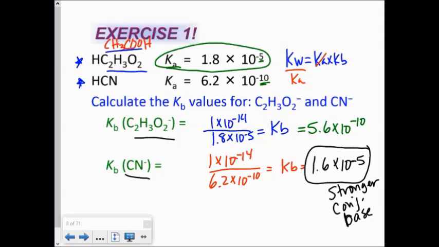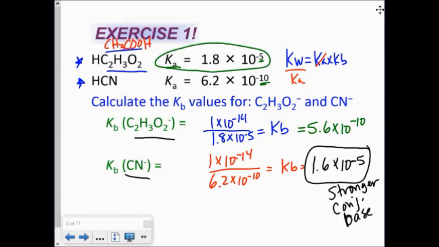Okay? So if we're comparing these two in a reaction, and looking at it from the acid perspective, the one that is going to be more dominant and controlling and ionizing would be the acetic acid. But if we were also looking at it in terms of their conjugates, the one that would be stronger and pushing it more towards the reactant side would be the cyanide.